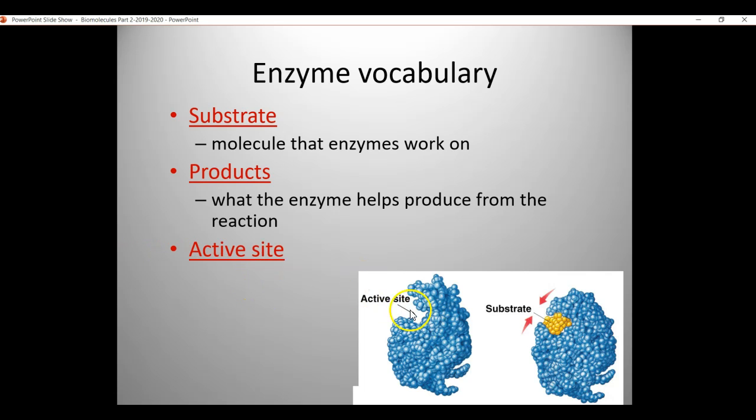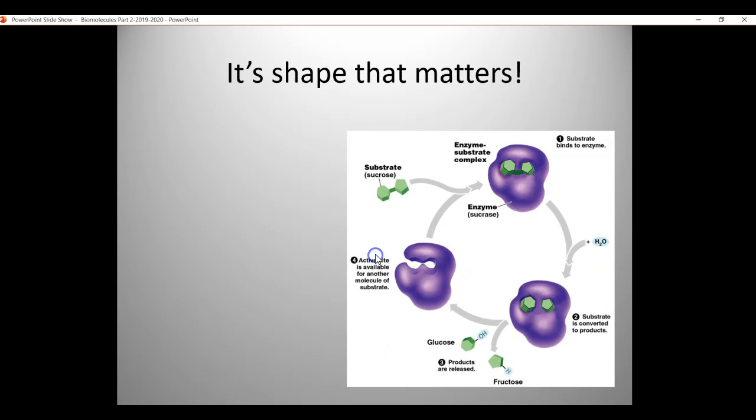The active site is a very specific shape on the enzyme. It's the part of the enzyme that the substrate molecule fits into. It's like a puzzle piece or a key in a lock. Your house key isn't going to work on your car because it's got a specific shape that fits in there. It's shape that matters.